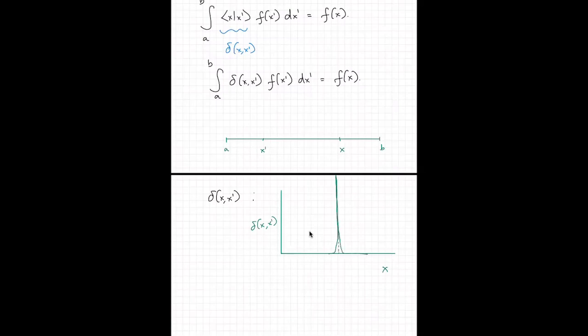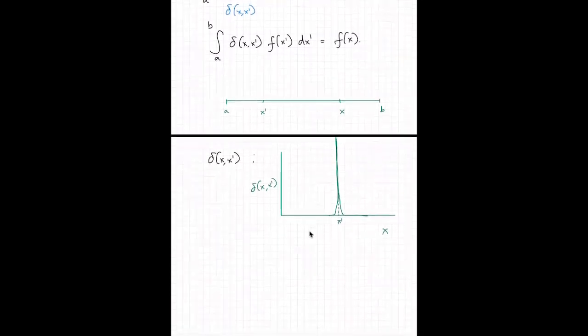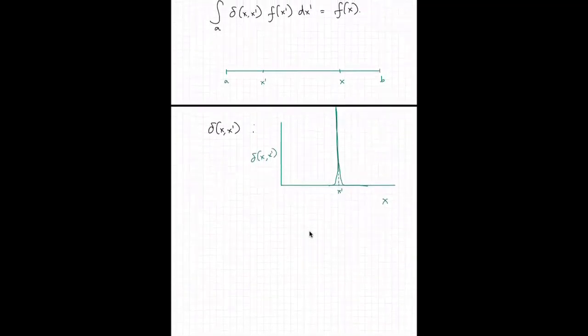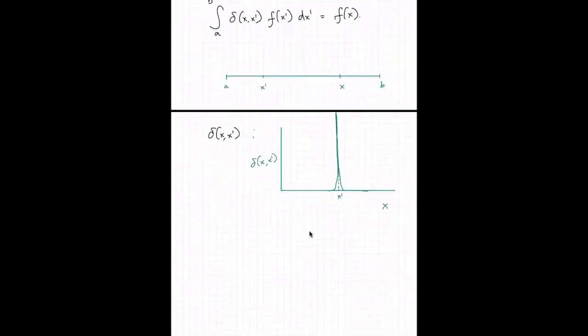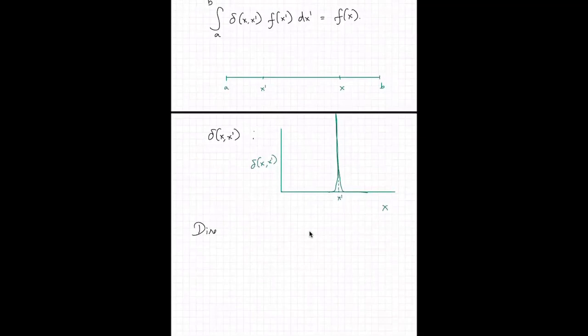Okay, so this is not a very good plot, but it should be an infinite peak at the point x equal to x prime. Okay, this function is called the Dirac Delta function. I'm sure you have seen the Dirac Delta function in other places in your physics studies.